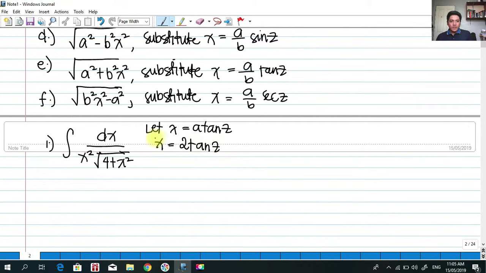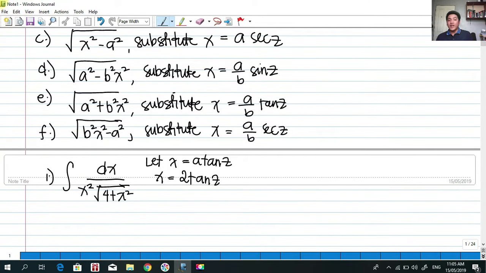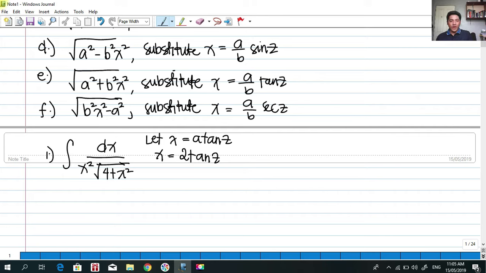This equation is very important because from this equation we can derive the triangle. Okay, so by the way, in this integration by trigonometric substitution, we're going to use a right triangle in solving this integral. Okay, so how can we write that right triangle? It's based on this equation. So from it we can get tangent z.